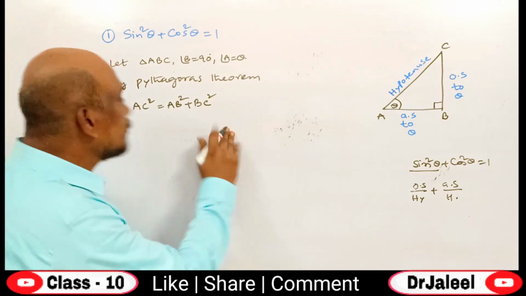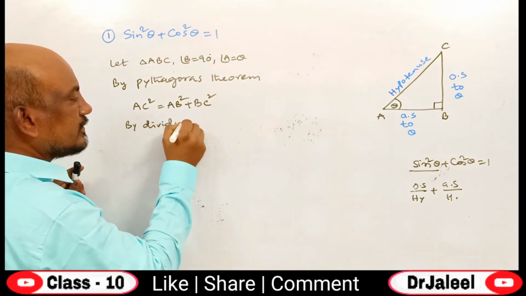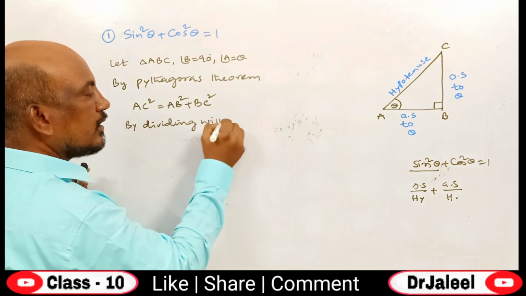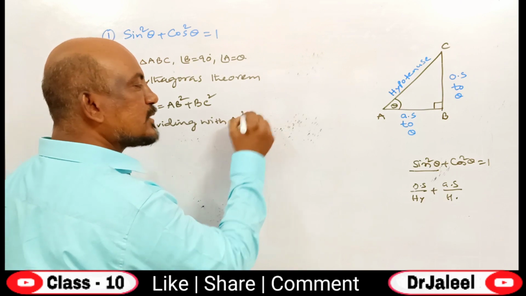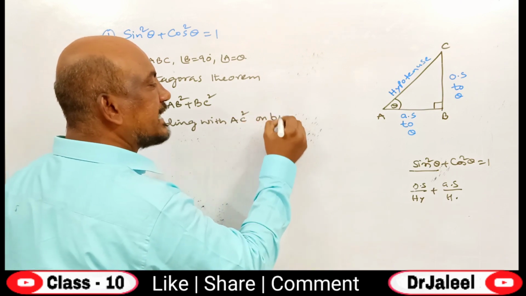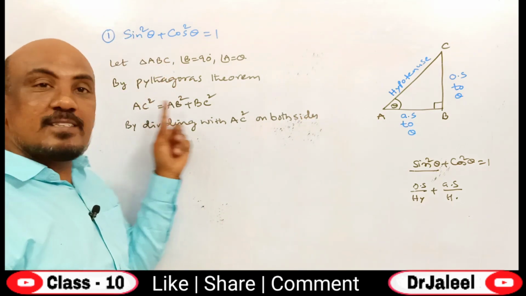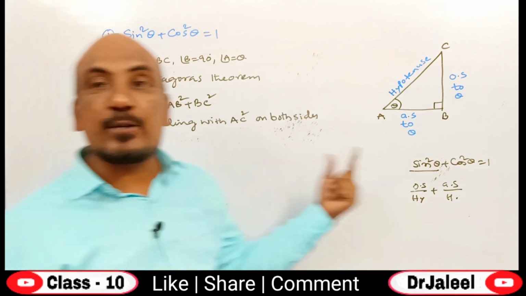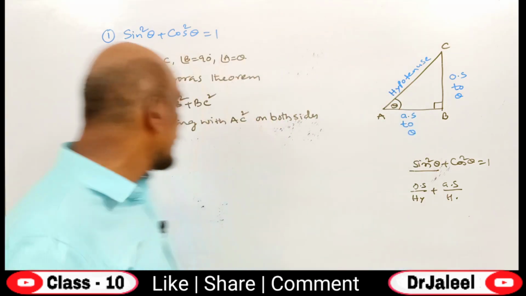Therefore, what I am going to do here is divide with hypotenuse. What is hypotenuse? AC. Dividing with AC square on both sides. Why AC? Because we need hypotenuse in the denominator.